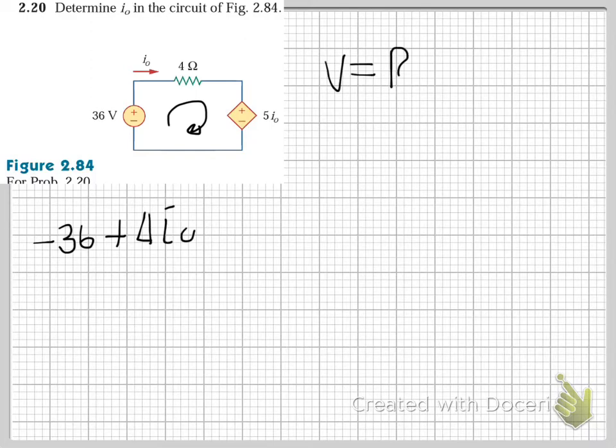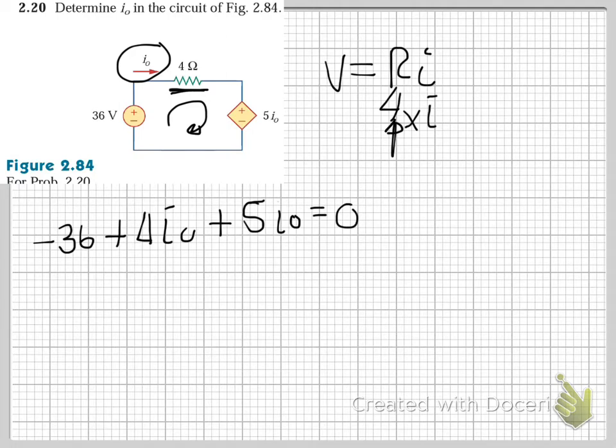V is equal to RI, right? And as you can see, the current in the circuit is Io. So therefore, the voltage across here is the resistance 4 multiplied by I. That's why you got negative 36 plus 4 times Io plus 5Io is equal to 0.